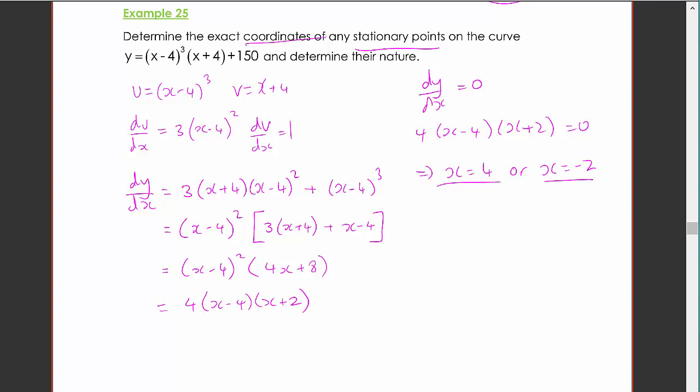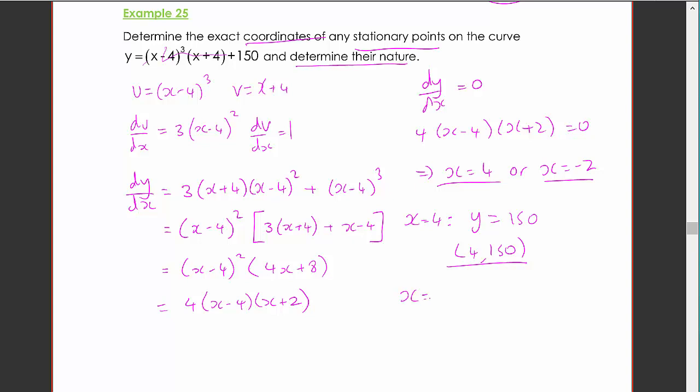Now it does say coordinates, so x equals 4 means that y equals, well, if x is 4, this term here just becomes 0, so it's going to be 150. So we have (4, 150). And we'll come to determine the nature in a moment.